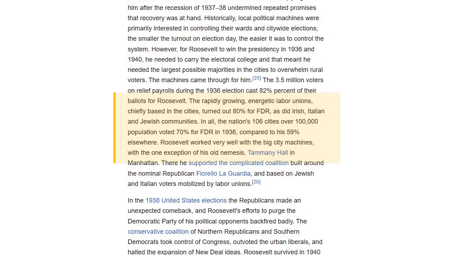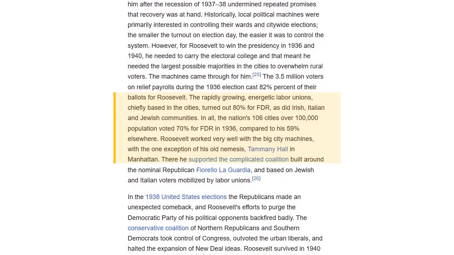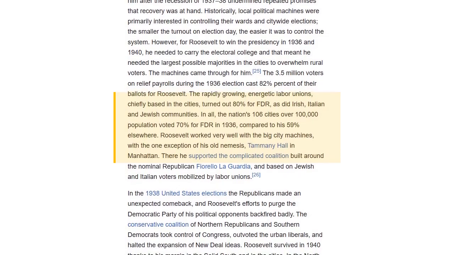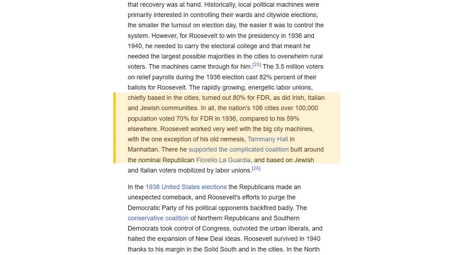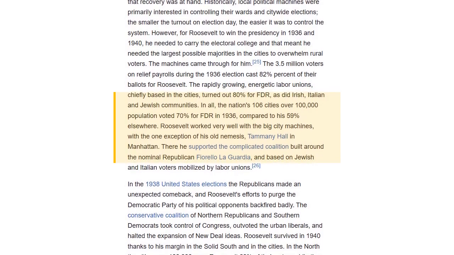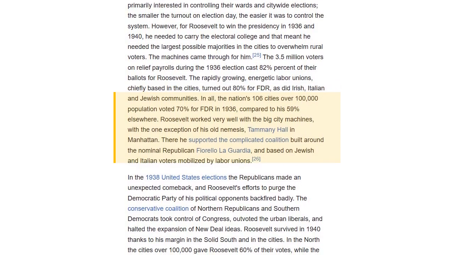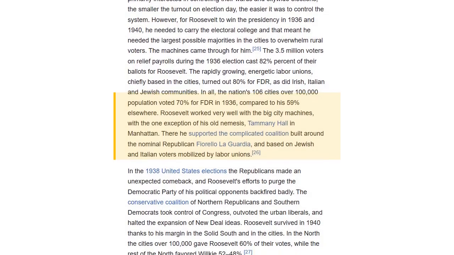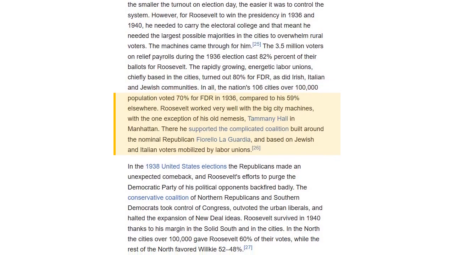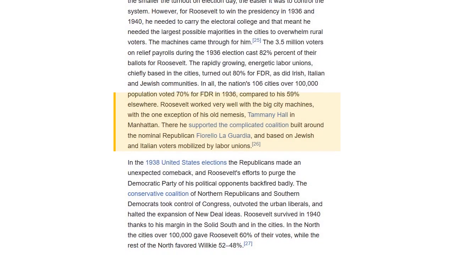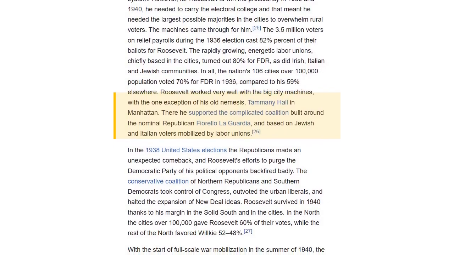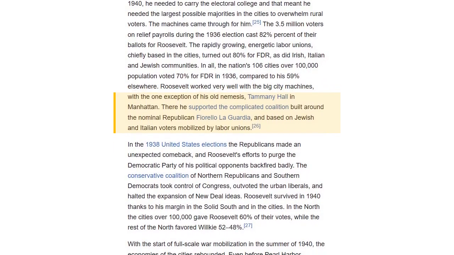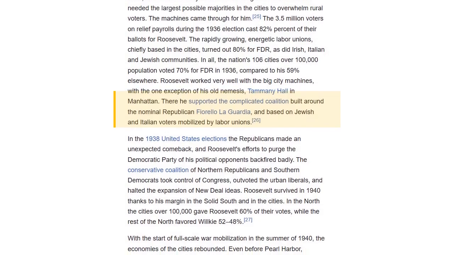In all, the nation's 106 cities over 100,000 population voted 70% for FDR in 1936, compared to his 59% elsewhere. Roosevelt worked very well with the big city machines, with the one exception of his old nemesis, Tammany Hall in Manhattan. There, he supported the complicated coalition built around the nominal Republican Fiorello LaGuardia and based on Jewish and Italian voters mobilized by labor unions.